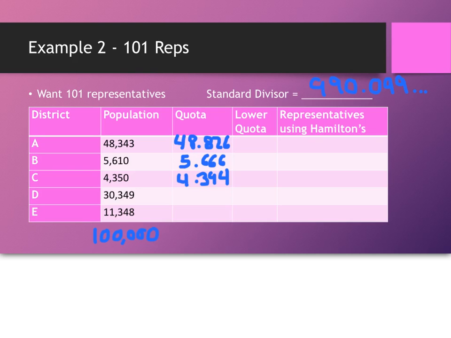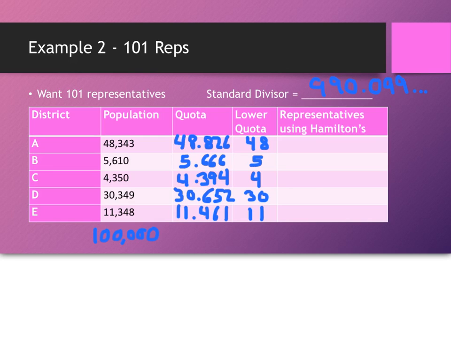4.394. 393, depending on rounding. 30.652 and 11.461. So the lower quotas are 48, 5, 4, 30, and 11.